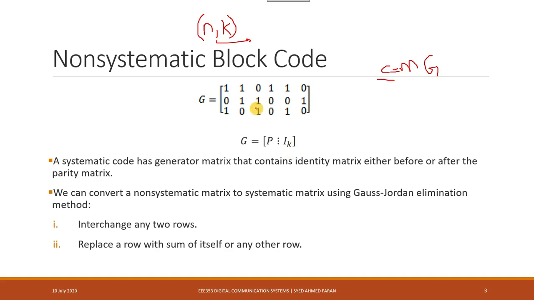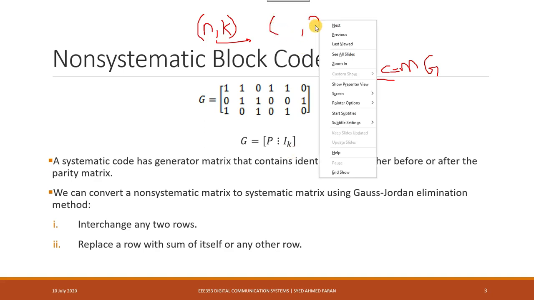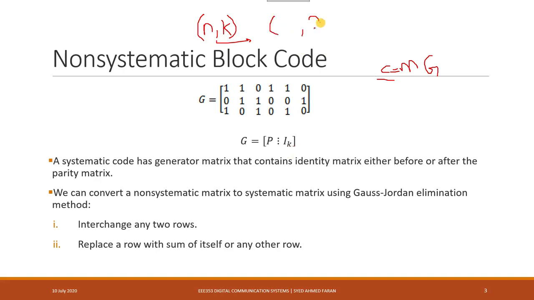Since the identity matrix has a size k by k, the identity here can only be a 3 by 3 matrix, because you cannot fit a 2 by 2 or 4 by 4 matrix inside this generator matrix. The only matrix you can fit is a 3 by 3 matrix. So the value of k must be 3.